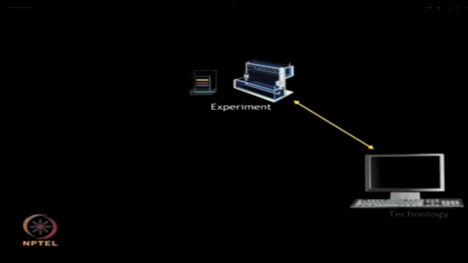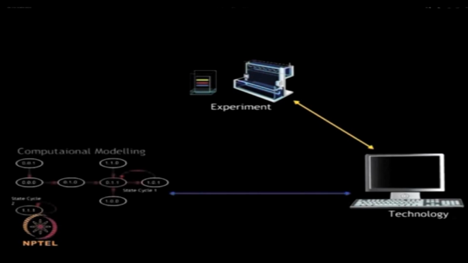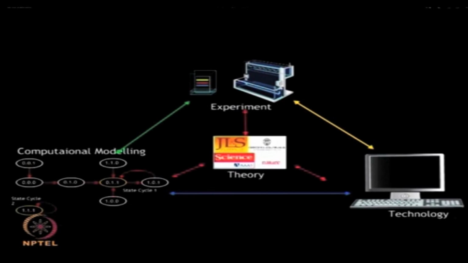The information about the molecular interactions comes from the interactomic studies. Here it is shown that in a systems approach, experiment, technology, and computational modeling, this triangle is very important, which has to be linked with the theory to form a systems triangle.